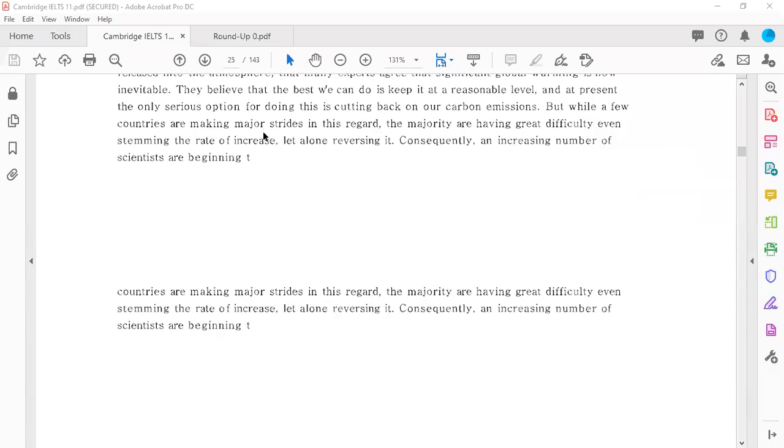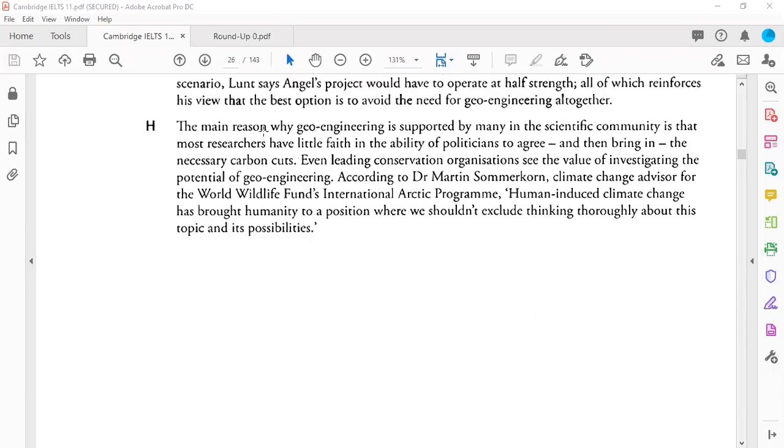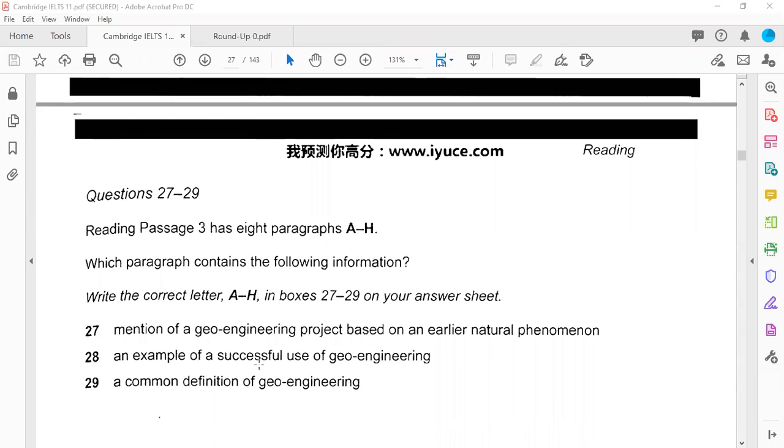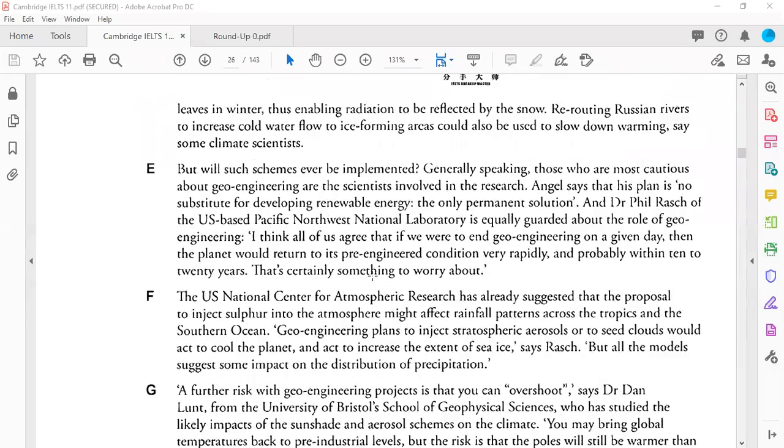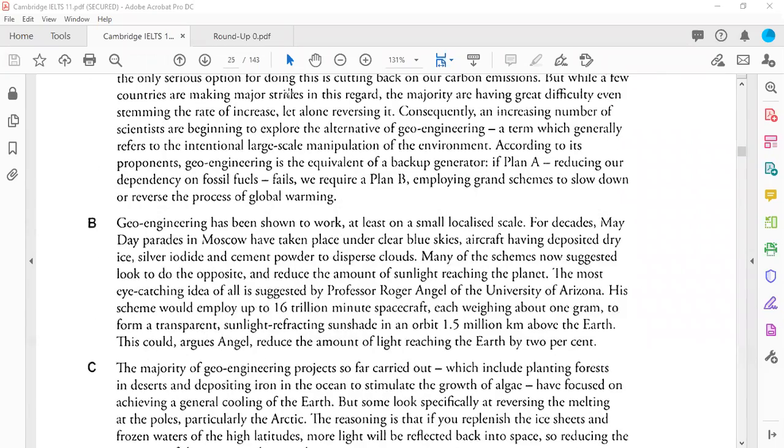Let's just go to the question again. They say example of a successful use of geoengineering. Then here they say geoengineering has been shown to work, at least on small scale, for decades.